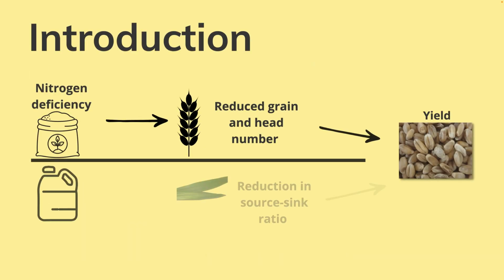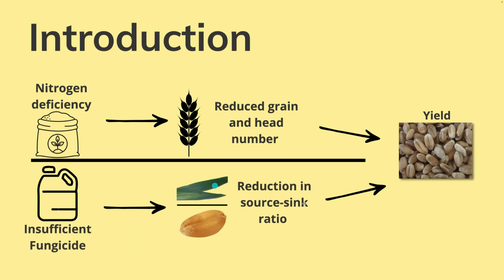Moving on. If you have nitrogen deficiency, then you'll have a reduced grain and head number, which will impact yield. And if you have insufficient fungicide, then there will be a reduction in the source-sink ratio caused by foliar diseases.